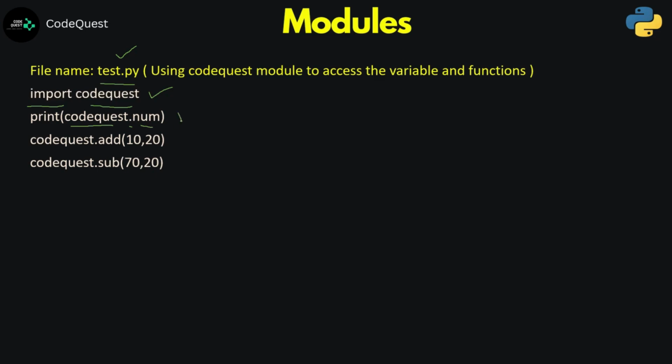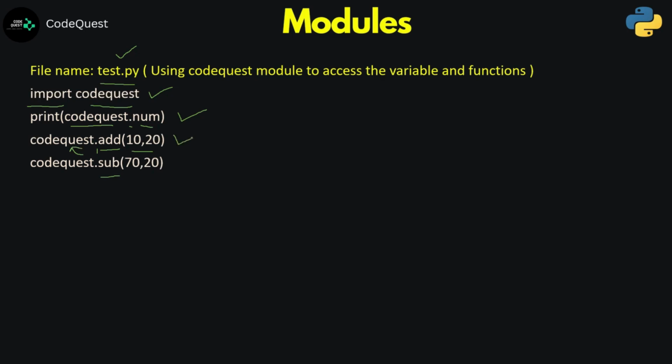So here codequest.num is trying to access the value of the variable num which has been defined within the module codequest. Very similarly, I am trying to invoke the two functions which are part of this module. While I call the add function with two values, 10 and 20, again I am using a dot preceded by the name of the module.